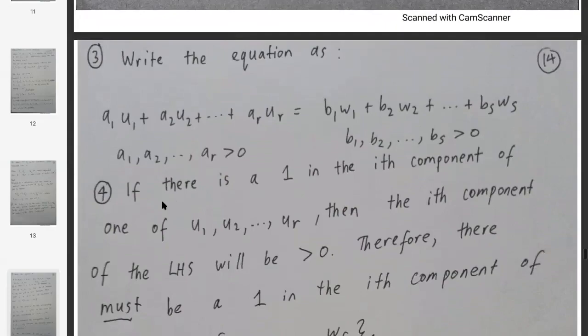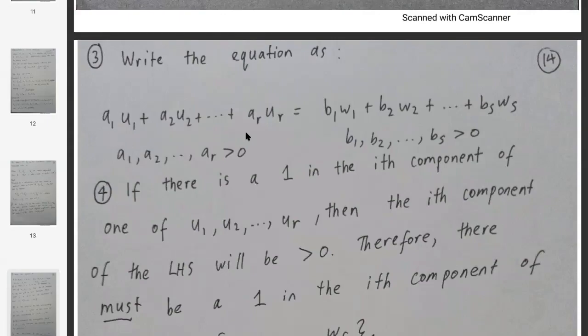So if there is a one in the ith component of one of u1, u2, ur, then the ith component of the LHS will be greater than 0, because when we do vector addition there will be a one somewhere in one of the uis in the ith coordinate.